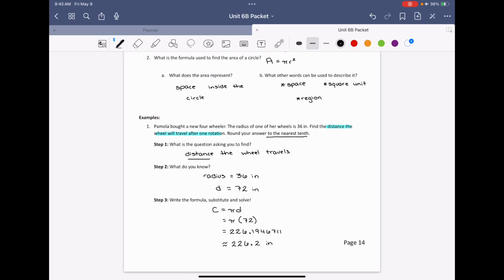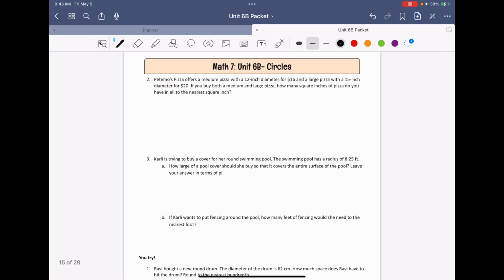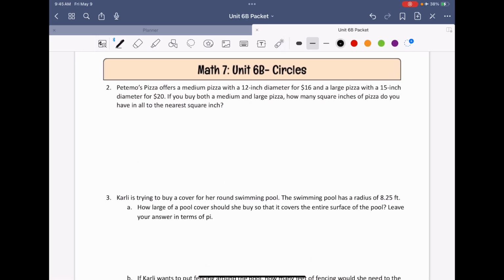All right, next page. It says, Patimo's Pizza offers a medium pizza with 12-inch diameter for $16 and a large pizza with a 15-inch diameter for $20. If you buy both a medium and large pizza, how many square inches do you have in all to the nearest square inch?